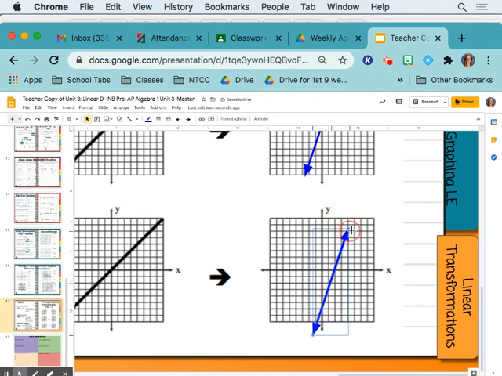Up 1/1. 1, 2, 3, 4, 5, 6. There we go. Up 1/1, up 1/1. Down 1, 2, 3, 4, 5, 6, and then rise over run. 1.